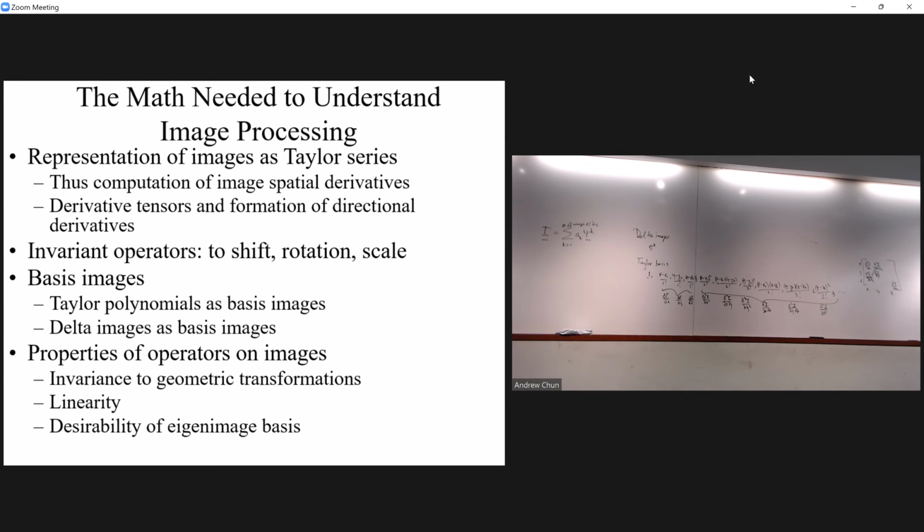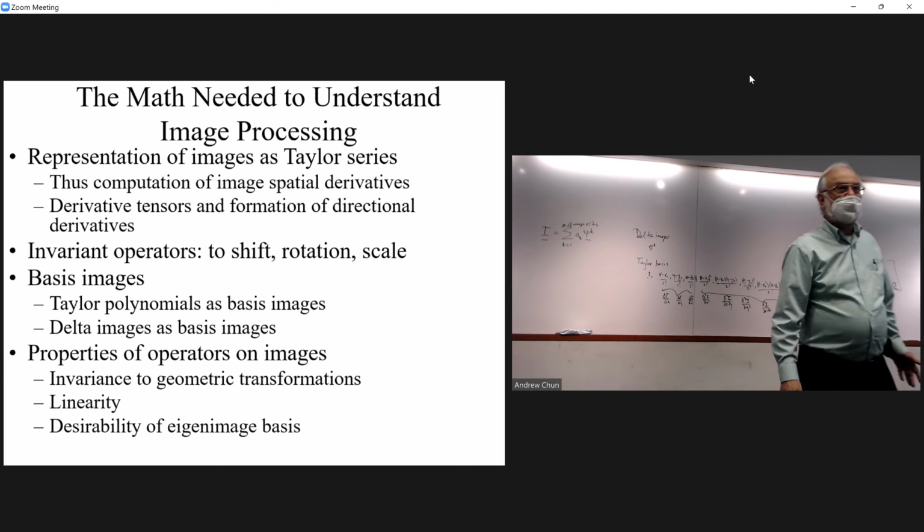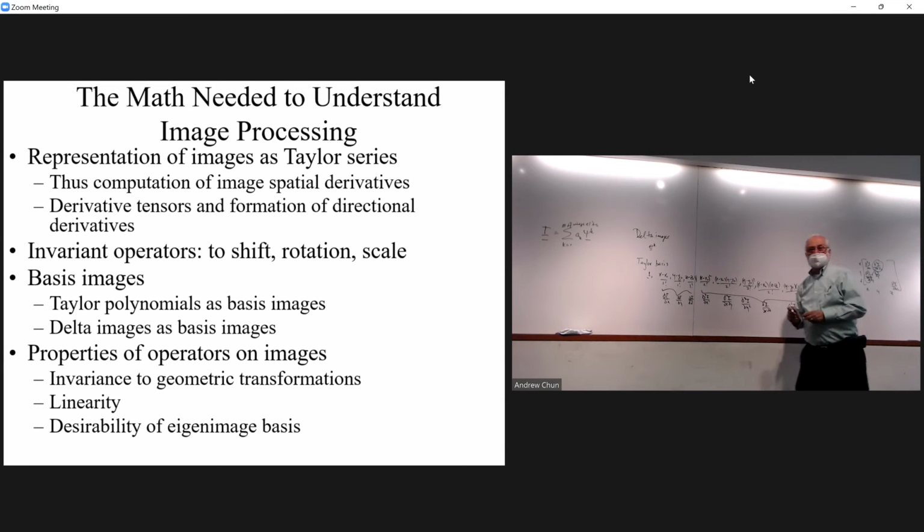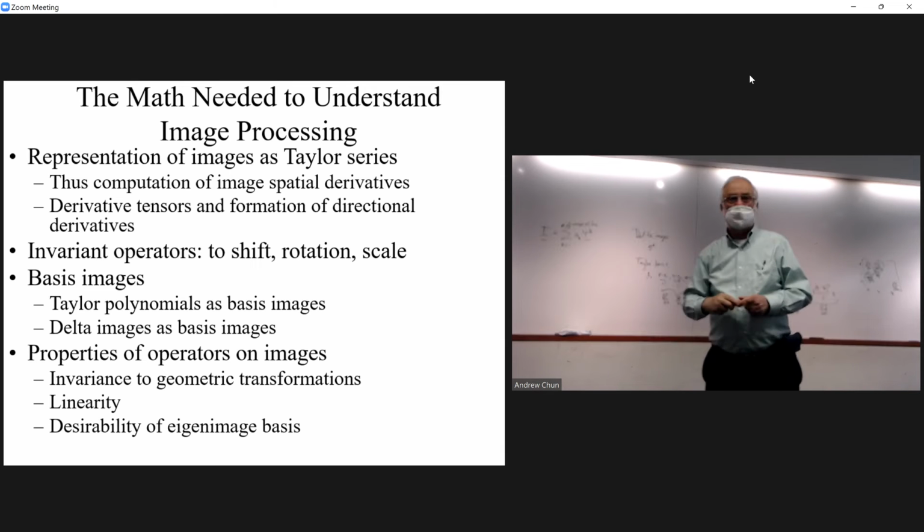So although there's only one instance of this, there's two instances of that, because you have both of these terms in the Taylor series.